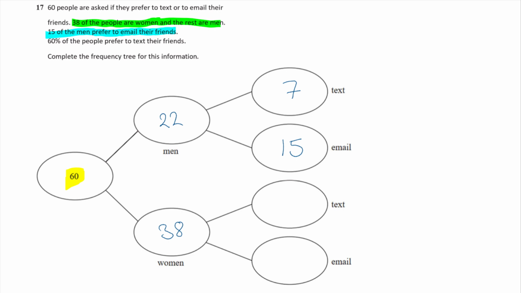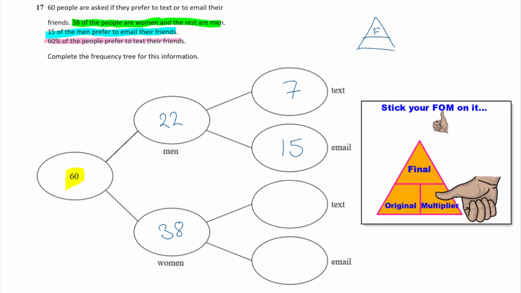Now, finally, it says 60% of the people prefer to text their friends. Okay, so 60% of all of the people. What is 60% of all of the people? I'm just going to do a quick triangle here. Final, original, multiplier. FOM. Stick your thumb on it. Okay, this is how I'd like to do my percentage questions. What is the final? That is what I want to find.